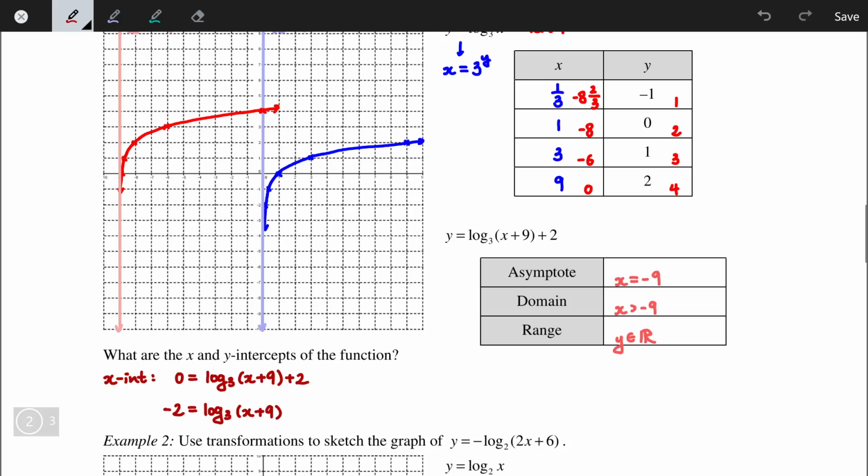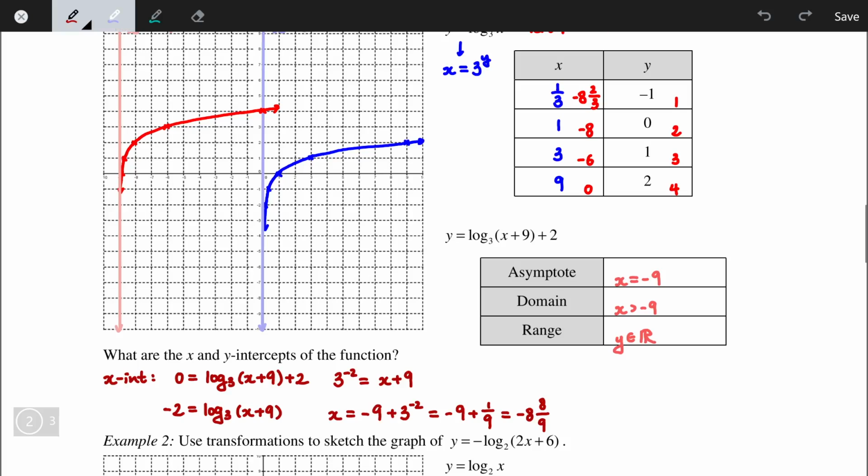This can be written in exponential form, so 3 to the -2 power is equal to x plus 9. So x is going to be equal to -9 plus 3 to the -2 power, which is the same as -9 plus 1/9, and we'll get -8 and 8/9, which agrees with our graph at this point here. So we know that is a good answer.